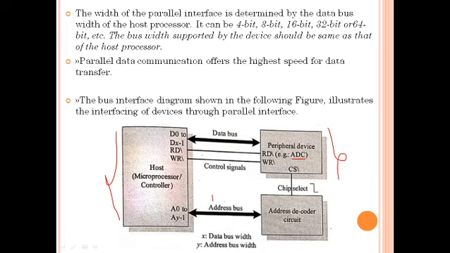The data bus is directly connected with the data bus pins of the peripheral device, then the read and write lines are connected to each other, and the address bus, A0 to AY, is decoded through the address decoder circuit. This is what the parallel onboard communication is.